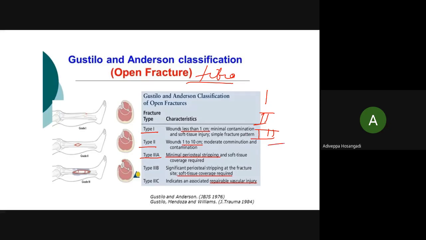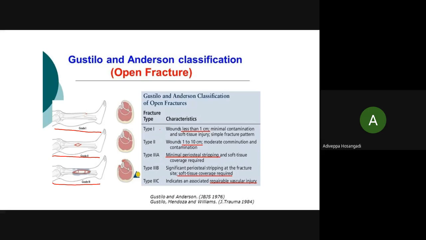Type 3 is further classified as A, B and C. There is a pictorial representation here: grade 1, grade 2, grade 3. Listen carefully. It is very important. Invariably, they will ask you in one or the other MCQs.